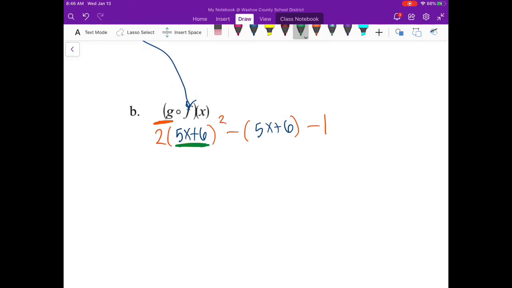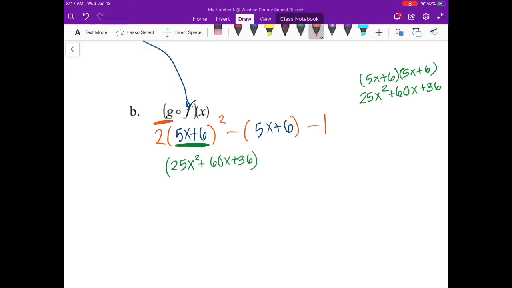That means we need to multiply 5x plus 6 times 5x plus 6. Okay, when I do that, I get 25x squared plus 60x plus 36. So that goes in that parentheses. Just take it one step at a time. And then I'm going to distribute that 2 here next.